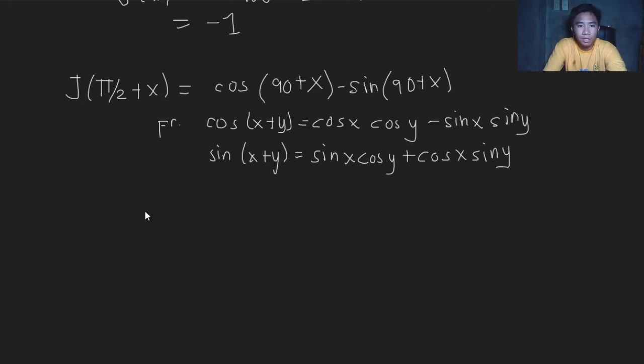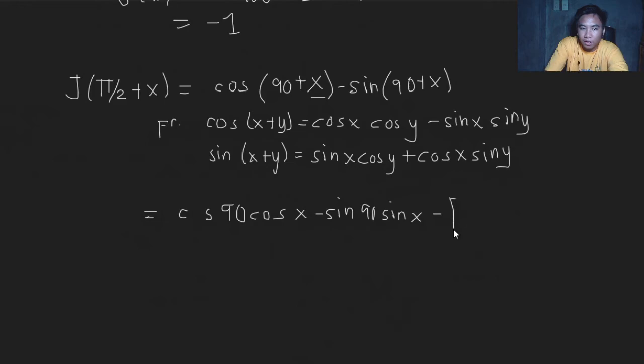So, isa-substitute lang natin yan, no? So, cosine ito. Cosine x. Ano ba yung x natin? Cosine 90 cosine x. Yung y natin, x. Minus sine 90 sine x. Minus the quantity, ito, sin x, ano ba yung sin natin?